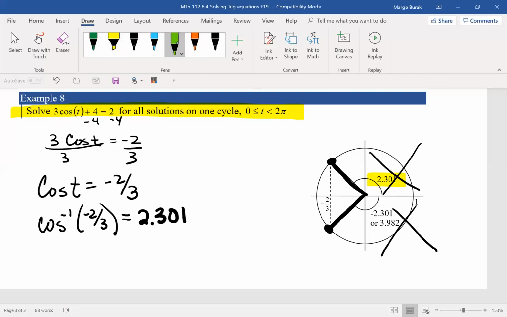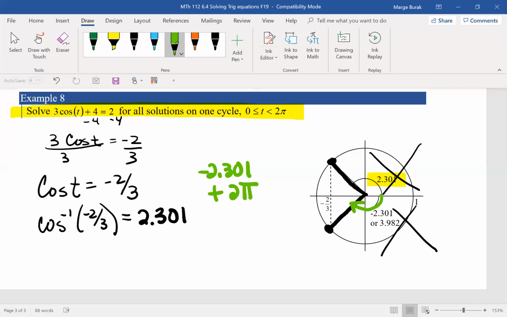So I'm back on the picture over here. So if this is negative 2.301, then the whole negative 2.301 is also the angle I want. And if I add, to make that positive, I need to add 2 pi to it, right? Because we want a coterminal angle that's positive.